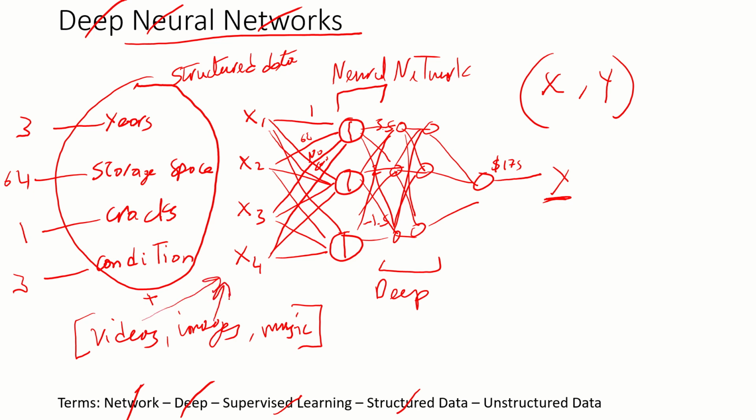We can't feed an image or music straight in. We have to take it through a process first. However, with structured data like this, we can feed it straight into the neural network. There are, of course, methods to improve accuracy like feature engineering, but for now, we can focus on the simple basics. And that is, ladies and gentlemen, a simple introduction to deep neural networks.